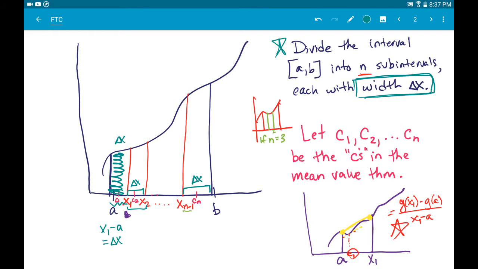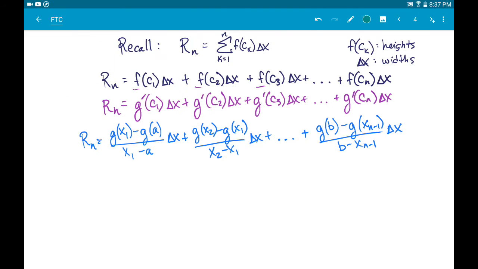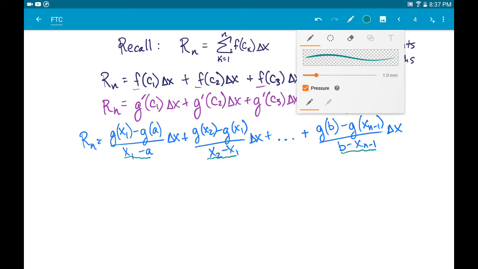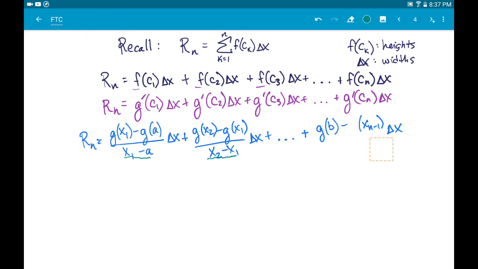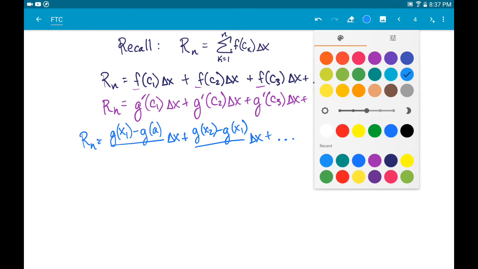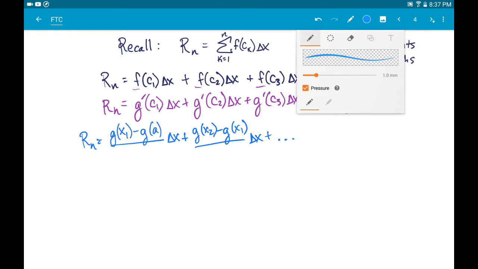Are you gasping in excitement here? All of these denominators are delta x's. So, big reveal. All of these, uh-oh, my eraser's a little bit out of control. I forgot to switch back to my pen.